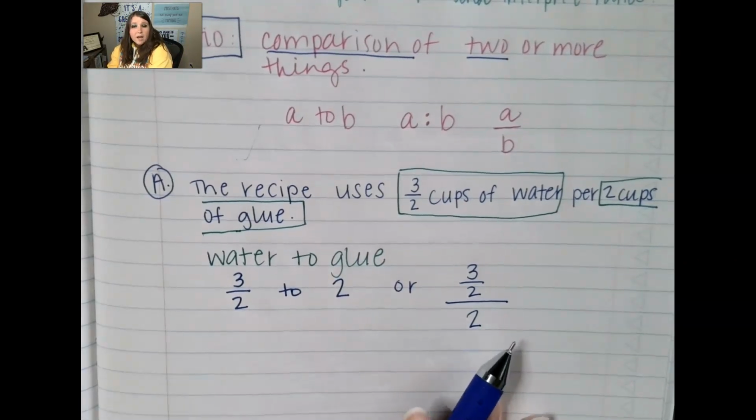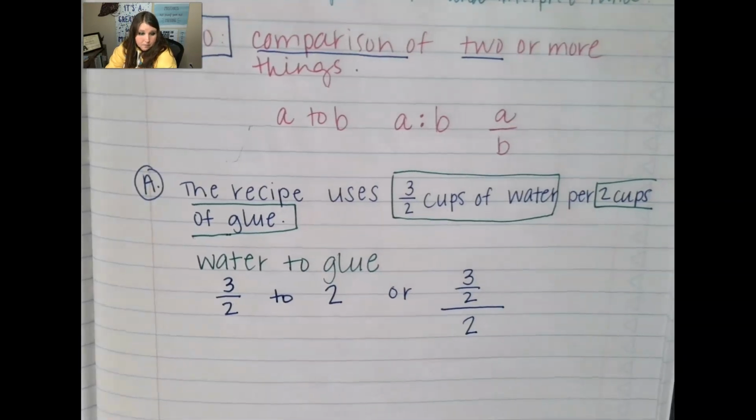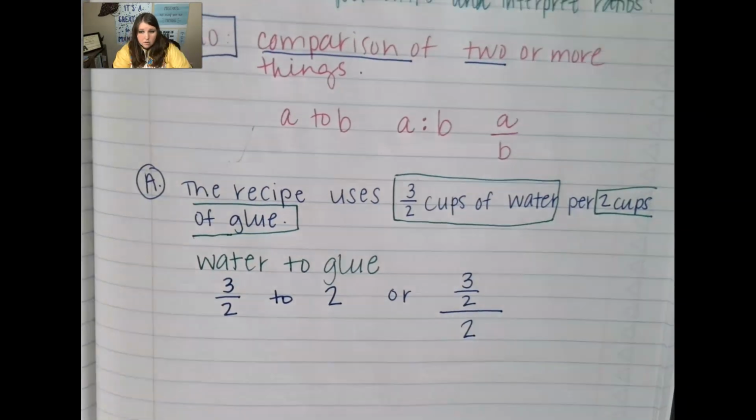Now, we can find the value of this ratio. And the value of the ratio tells us the amount of cold water to the amount of glue. And the value of a ratio tells us how many times one thing contains another thing.